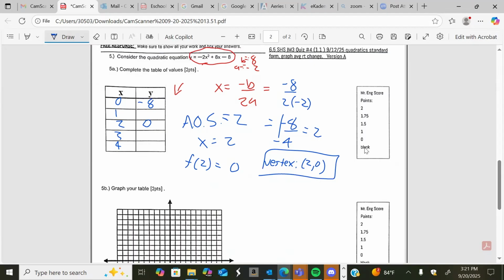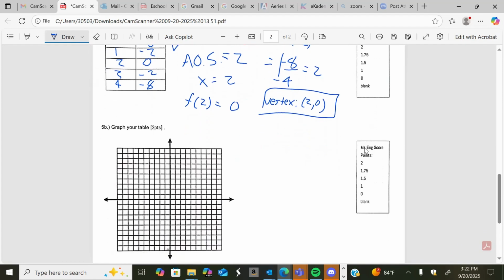If I plug in 1, I get -2. If I plug in 3, I get -2. If I plug in 4, I get -8. You know you did it right when you see the symmetry. So we know that 2, 0 is our vertex, so anything to the left should be symmetrical to anything to the right. So -8, -2, 0, -2, -8. Perfect. So we know we did it right.